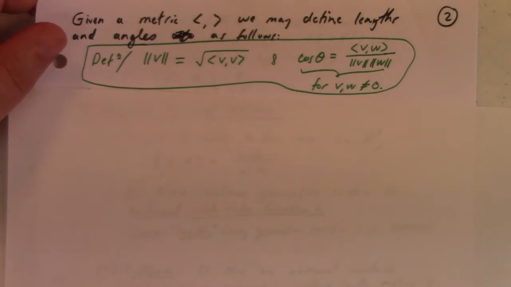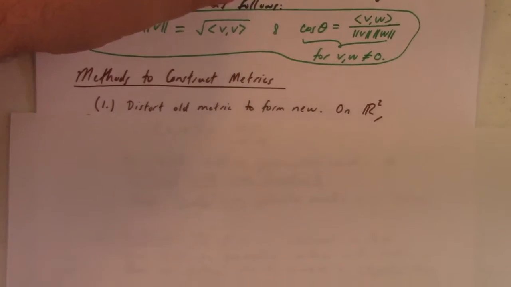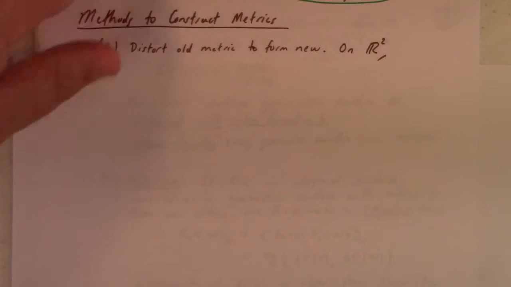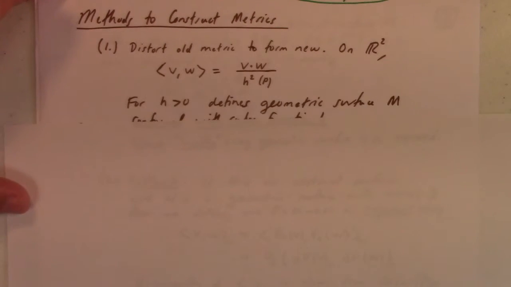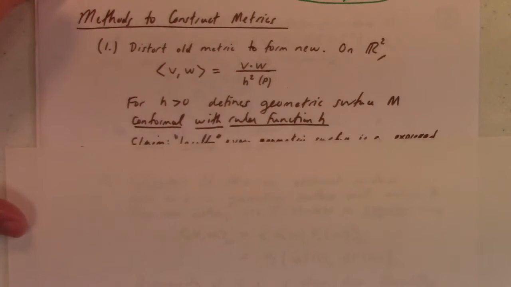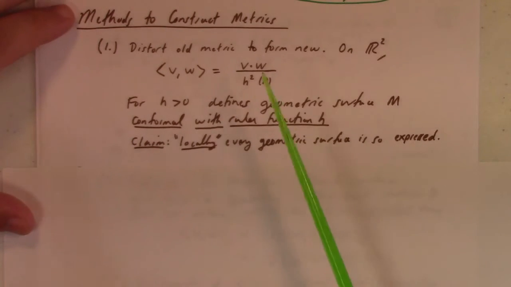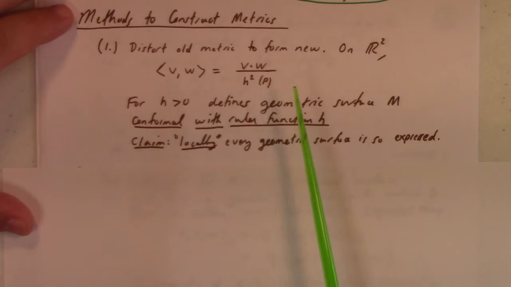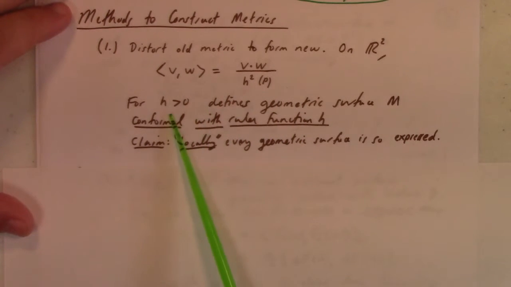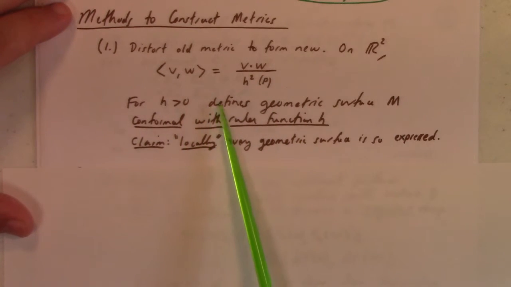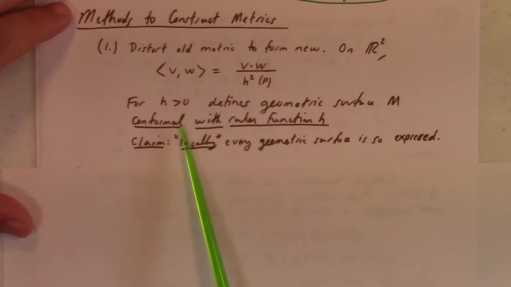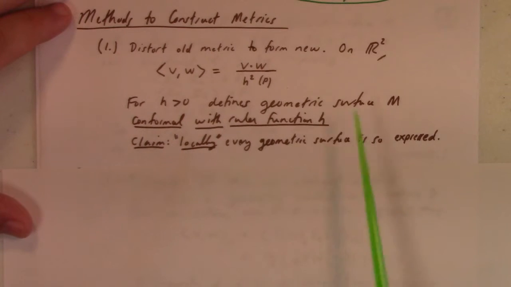For example, if you take the plane, and you just basically divide by this so-called ruler function squared, then this gives you a new metric for the plane, or some subset of the plane, as is often the case. And this defines a geometric surface M that's said to be, this is just terminology, conformal with ruler function H.